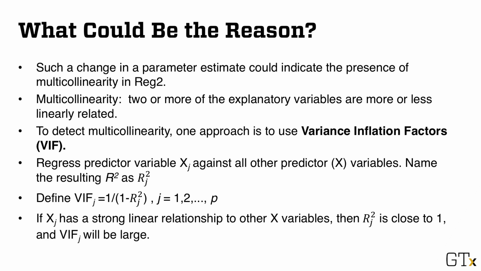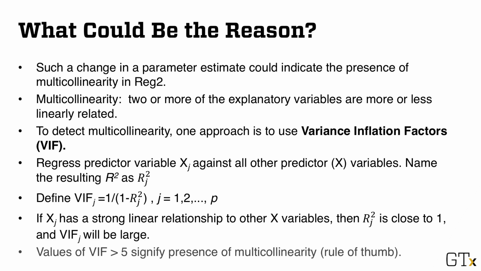If xj has a strong relationship to the other x variables, then rj squared is close to 1 and VIF for j will be large. The rule of thumb that we use is if VIF is greater than 5, then we have presence of multicollinearity.